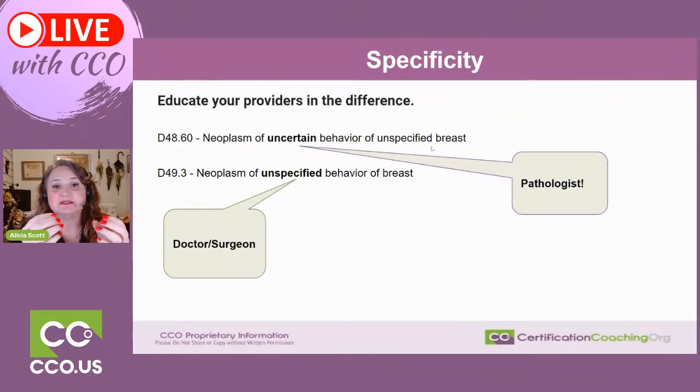Benign, they recognize this cell. It's abnormal, rapid growing cells in the lung. It's not going to metastasize to another location in the body. Or it's uncertain behavior, which is defined as a definitive diagnosis.